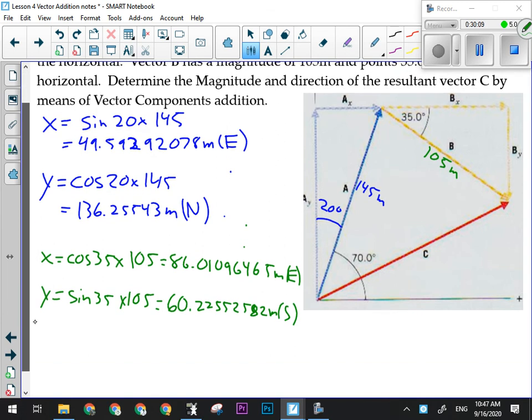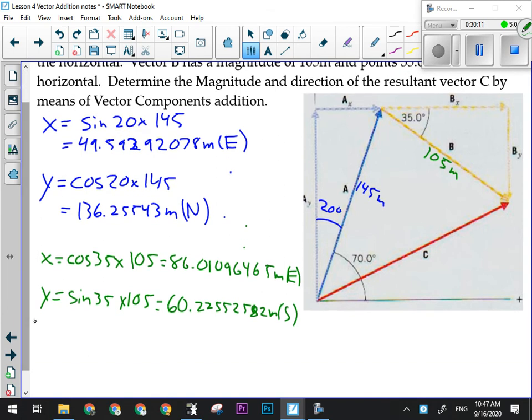All right, so now I've got blue X and blue Y, yellow X and yellow Y, and now I'm looking to find C. Okay, well, I can find C as long as I know CX and CY.